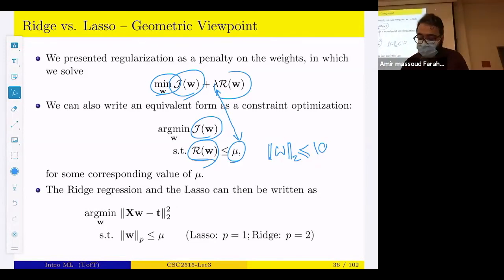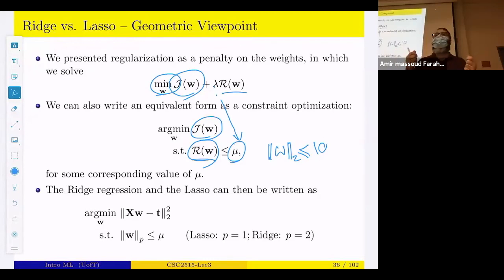What happens if lambda goes to infinity? What would be the corresponding mu? 0, yes. If lambda is very, very large, this term should dominate, which means we only care about the size of the weights.